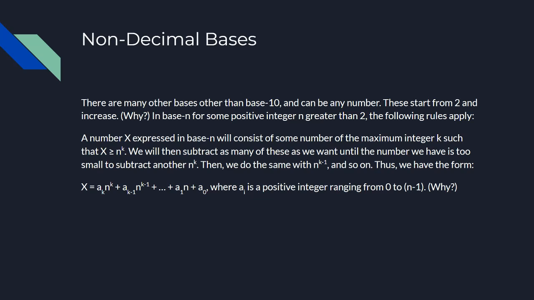And you're just going to keep adding until, of course, you get to a sub 1 times n plus a sub 0, where a sub i, where i is between 0 and k, inclusive, is a non-negative integer ranging from 0 to n minus 1. And it's pretty useful to think about why this is, so I'll give you 5 minutes.